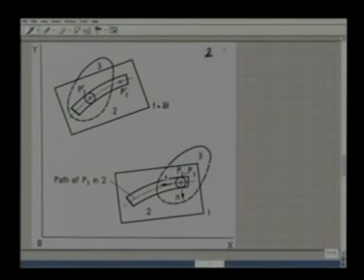We consider instantaneously two coincident points, say P2 and P3. At this instant, P2 and P3 are coincident, but P2 belongs to body 2 and P3 belongs to body 3. This is the configuration of these two bodies at say time instant t.